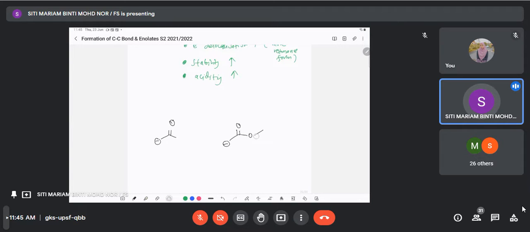For the second structure on your right, the right fragment is a methoxy group. Everybody should know the oxygen here has lone pairs, two pairs. You should know how to draw it.